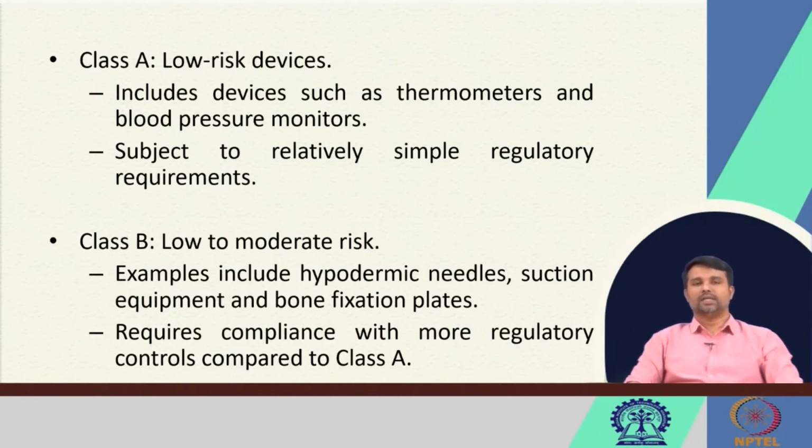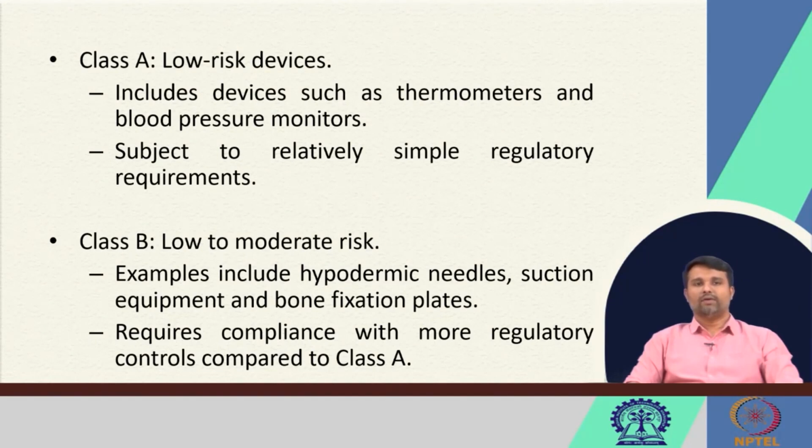These are subject to relatively simple regulatory requirements. The low risk devices include devices like thermometers and blood pressure monitors, which are external to the human body. So, their use may not have direct effect on the human body. So, they will fall into class A, which is having relatively simple regulatory requirements.